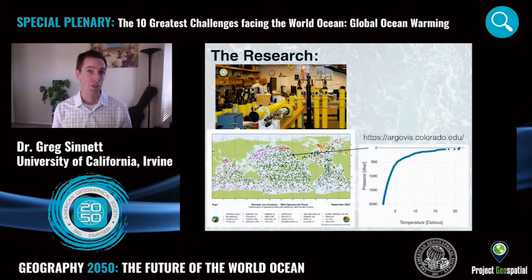Satellites observe only the surface ocean, however, and observations in deeper water are sparse, which is why the Argo program was initiated and has become so important. Since 2000, Argo floats have provided continuous observations of the ocean's top 2,000 meters. And as of a month ago, there were nearly 4,000 operational floats deployed by 24 different countries throughout the world.